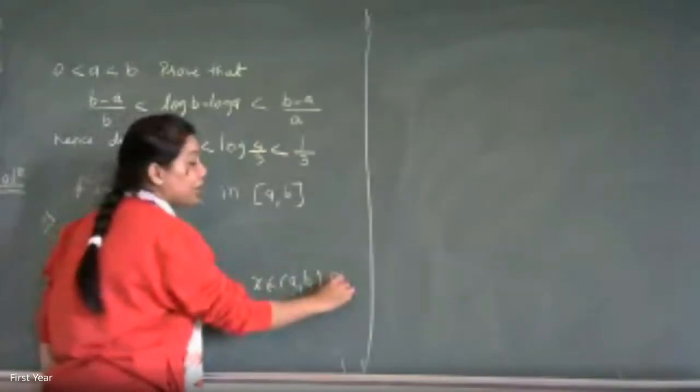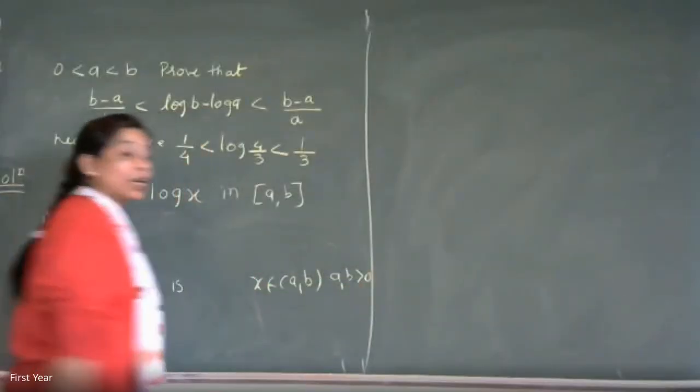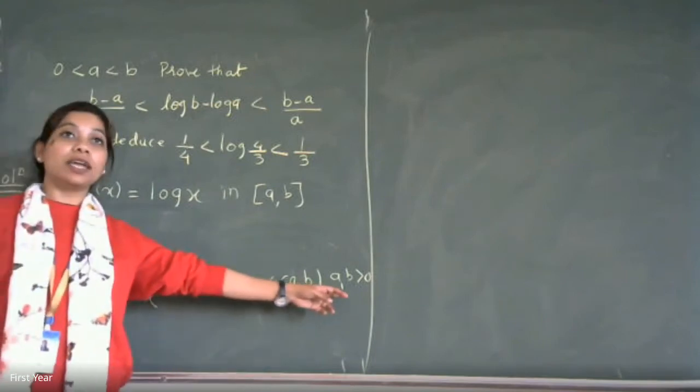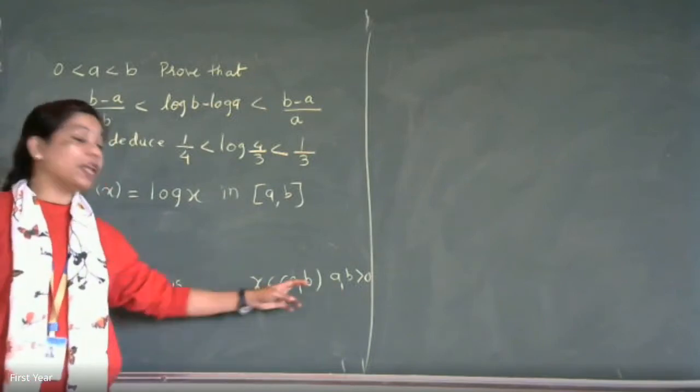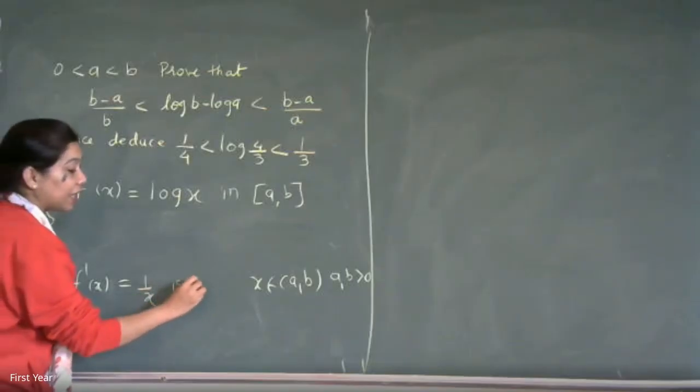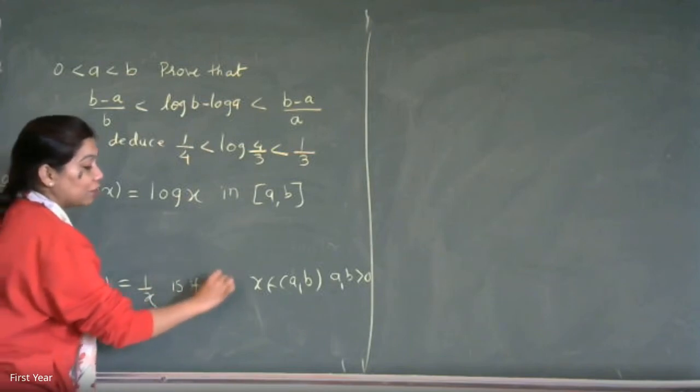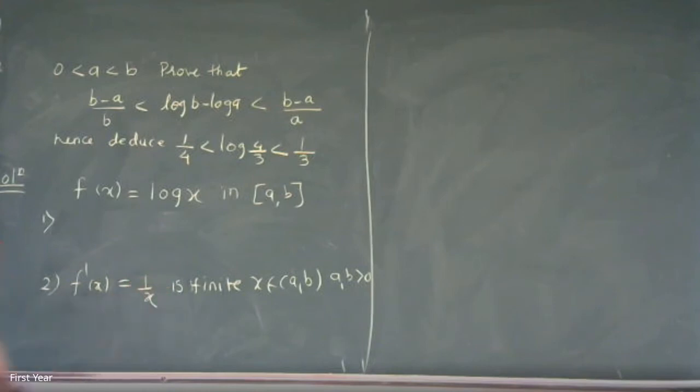x belongs to the open interval (a, b). What are a and b? a and b both are greater than 0. So will x be anytime 0? No, x is never 0. So this is never infinite; it is always finite. f dash of x is 1 by x, it is always finite.